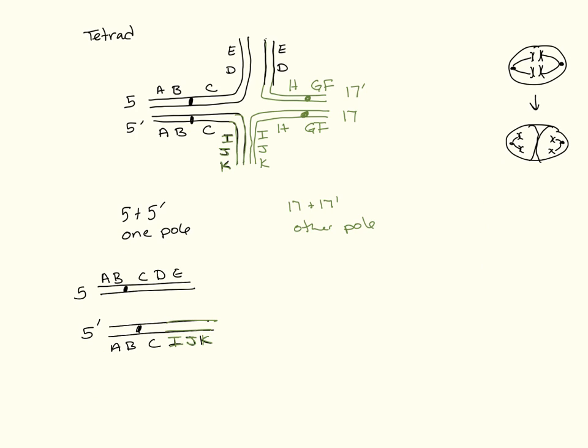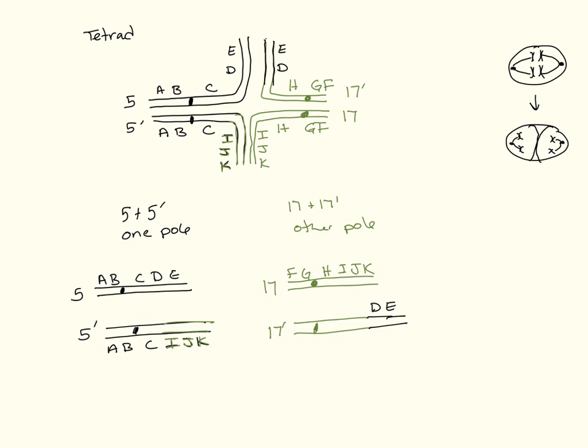Whereas the other cell at the end of meiosis 1 is going to have the normal 17 and the translocated 17. So they'll have F, G, H, and then the translocation portion. So that's after meiosis 1, and then remember we go through meiosis 2.